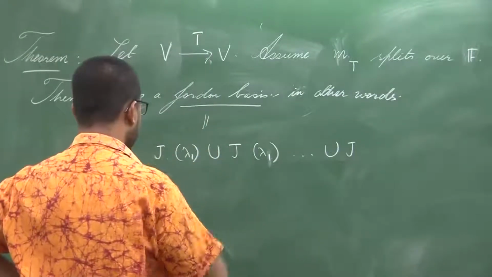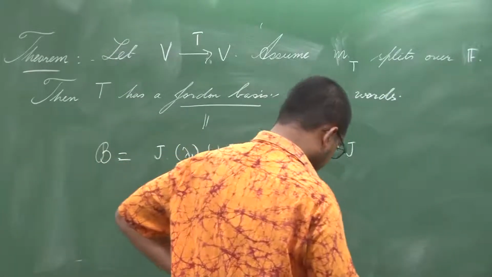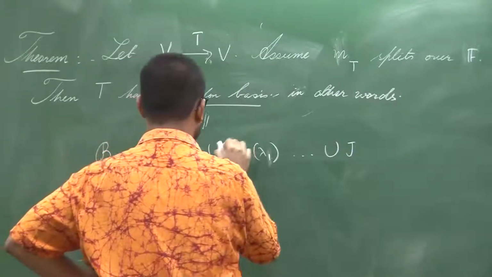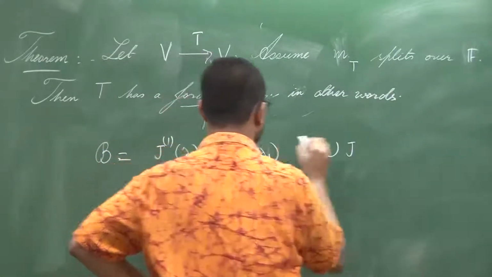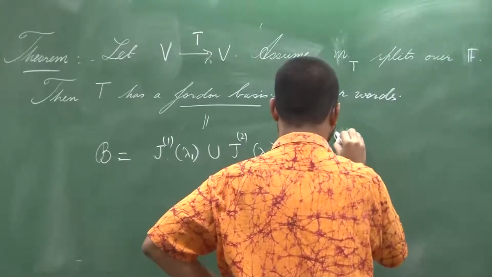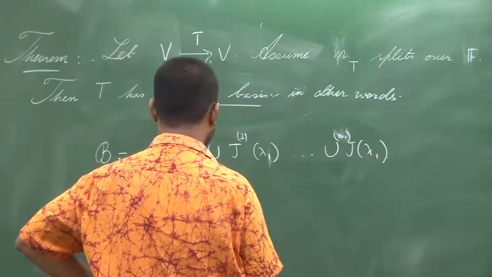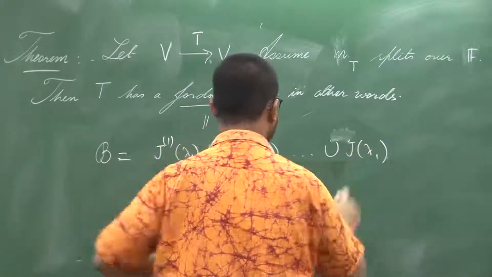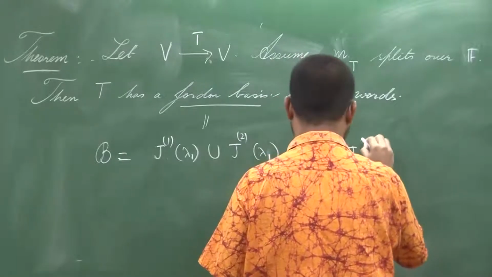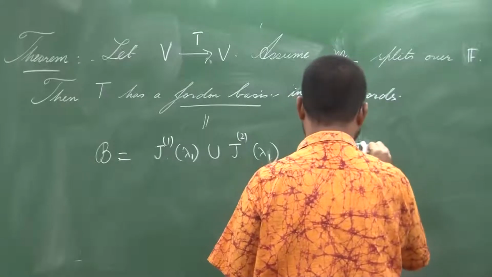So for lambda 1, let's use this notation, let's say for lambda 1 I have m1 Jordan strings. I am not specifying their size now, because that will make this notation more complicated. When I need that, then I will specify.